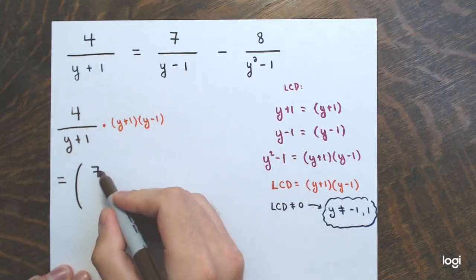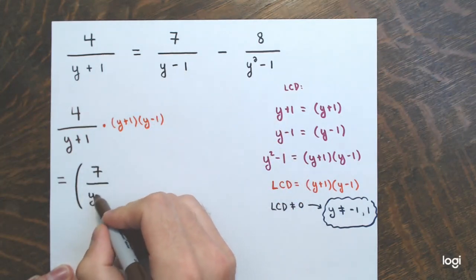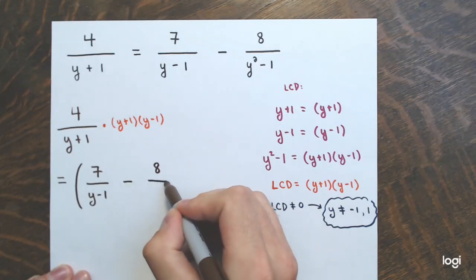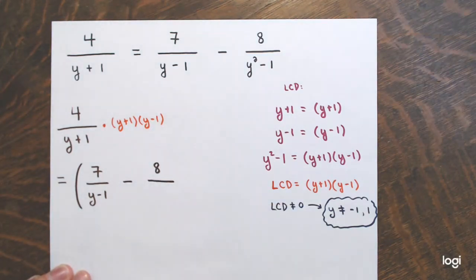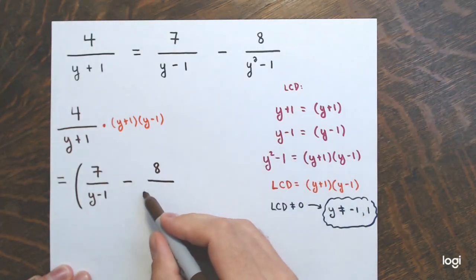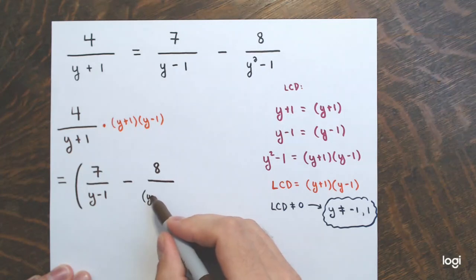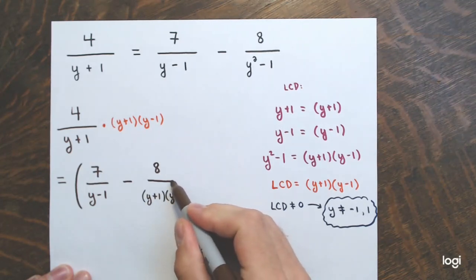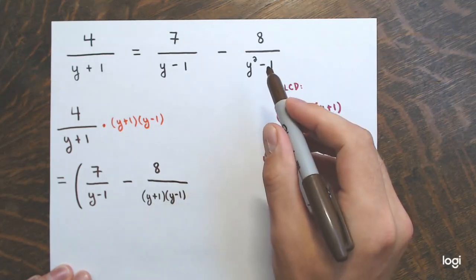We're taking this 7 over y minus 1 minus 8 over, and again, I like to have my denominators factored. So instead of writing y squared minus 1, I'm going to write y minus 1 times y plus 1, or y plus 1 times y minus 1, same thing. That's the same thing as y squared minus 1.